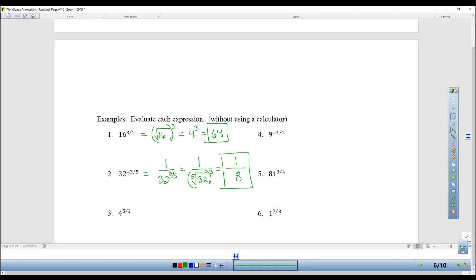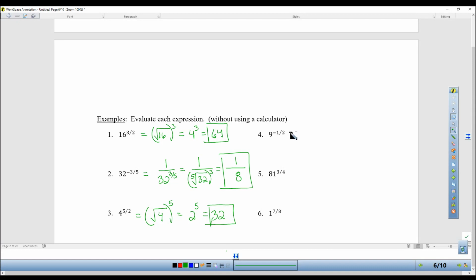You should really try the next 4 on your own, but of course I am going to do them for you. So this is the square root of 4. The denominator indicates a root to the 5th power, which is 2 to the 5th power, which is 32.